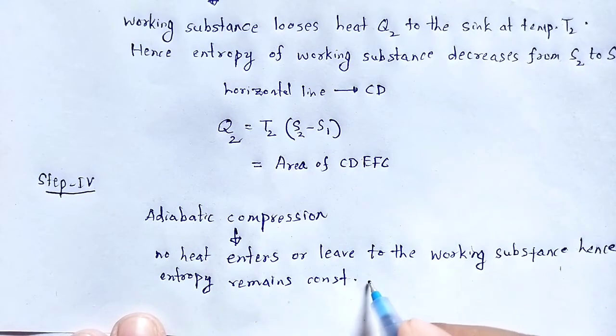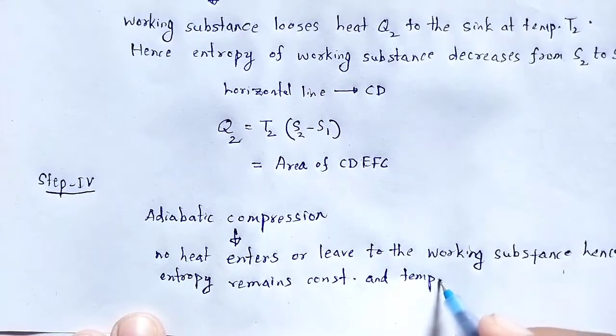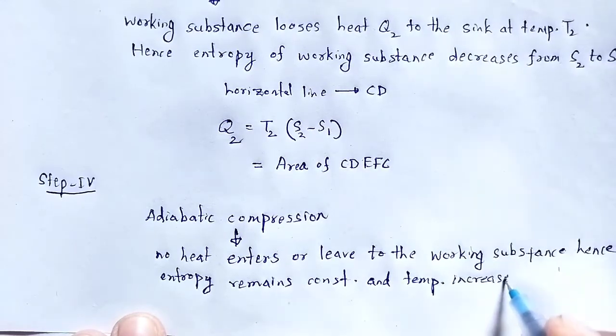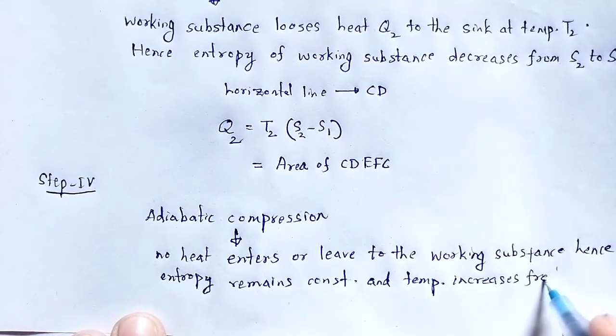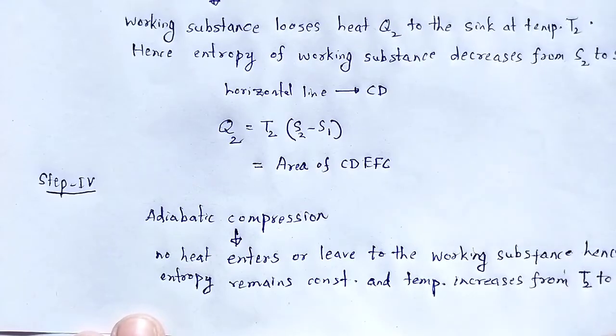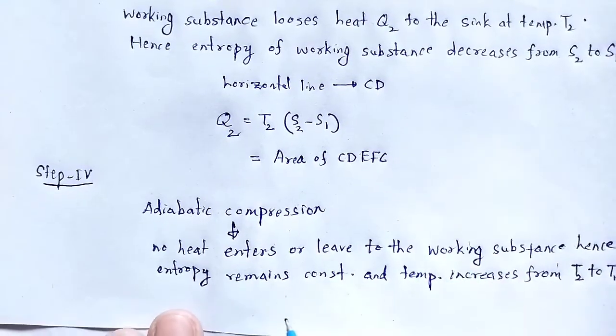Since entropy remains constant and temperature increases from T2 to T1, this process is represented by the vertical line dA.